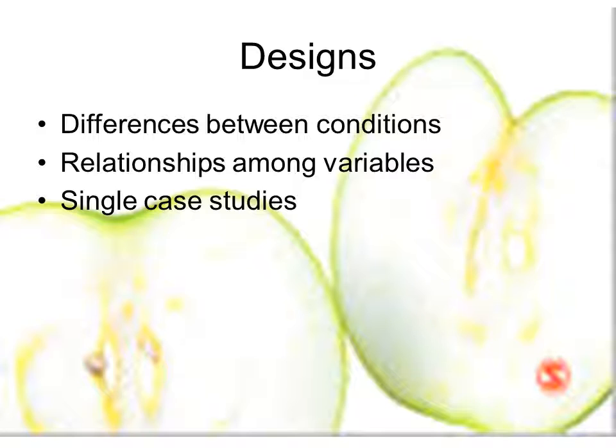Then we're going to look at all these other variables that probably have something to do with the acid erosion, but we're really going to look at soda pop as our primary variable within the design, if I was doing this research project, saying this is what causes acid erosion, the soda pop.